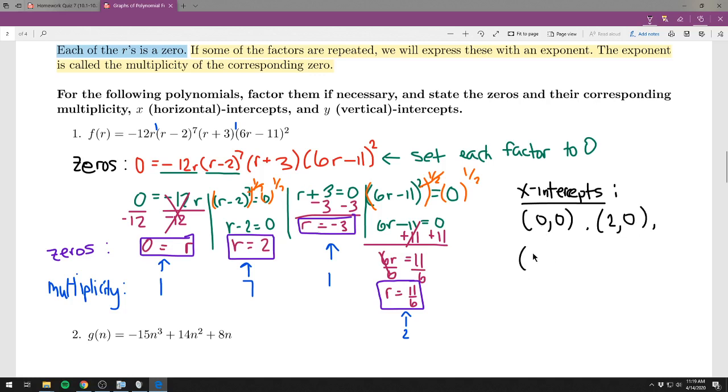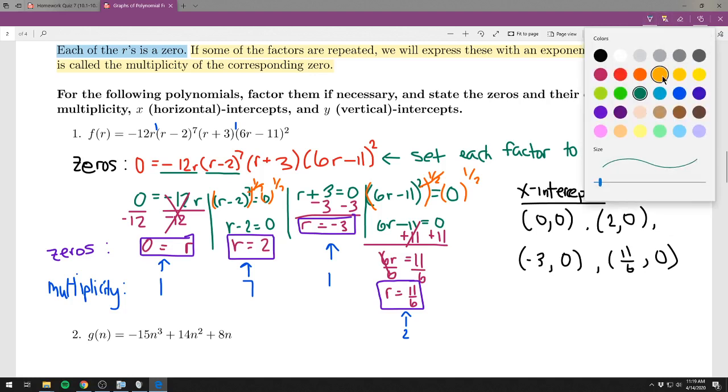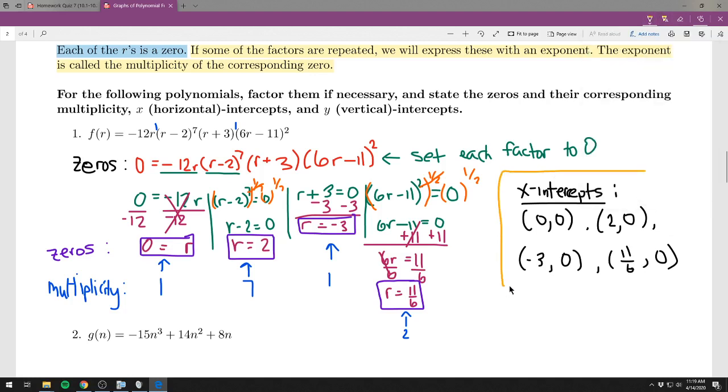We have -3 for x. The y value is 0. And we have 11/6 for x, and the y value is 0. All right, so once you find the zeros, you've already found the x-intercepts. Just make sure you make them a coordinate pair in the proper way.